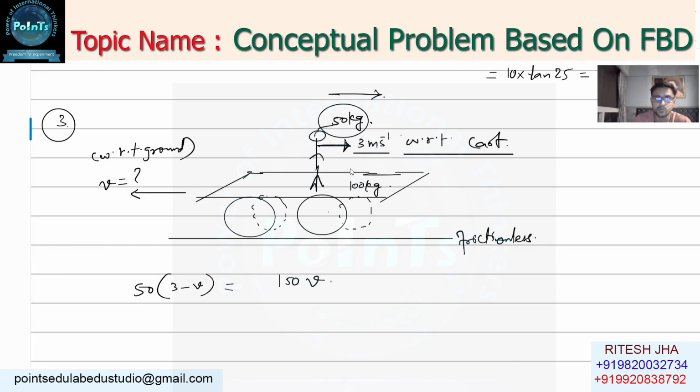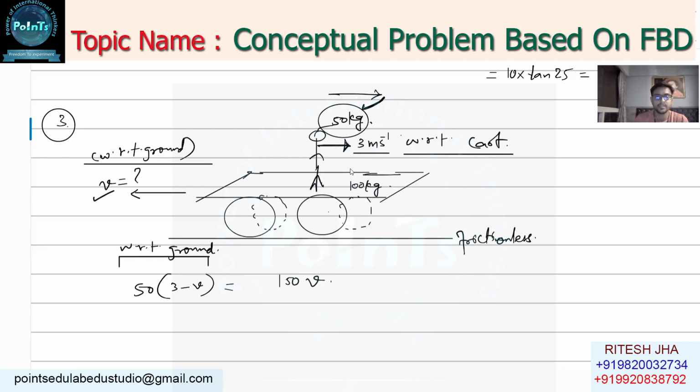So with respect to the ground, you will be taking reference to one surface, so both the velocities, V and the velocity of the person, have to be with respect to the ground. Yes, and with respect to the cart, he's moving 3 meters per second. This is with respect to ground.